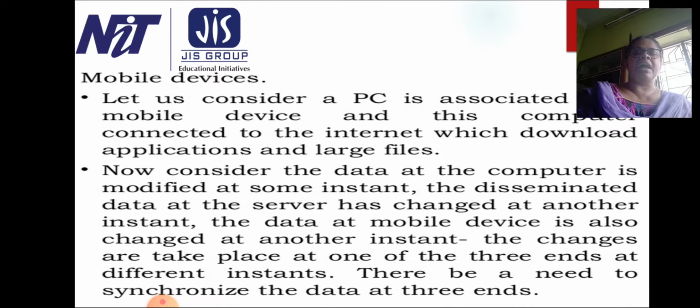The data at the mobile device is also changed at another instant. The changes take place at one of the three ends at different instants. There is a need to synchronize the data at the ends.